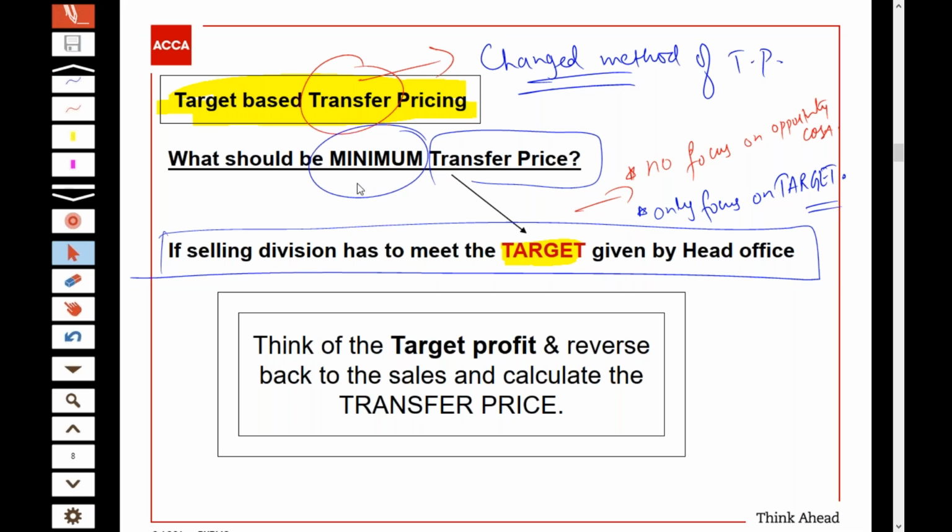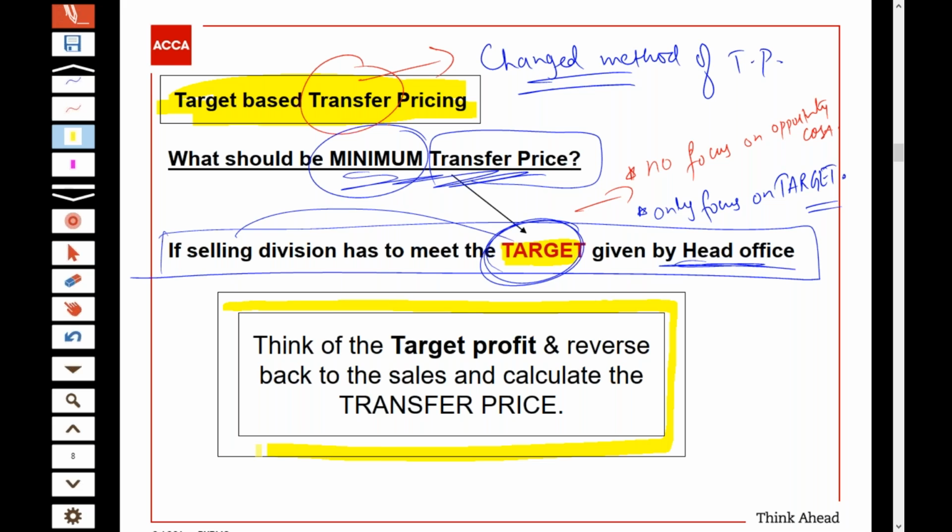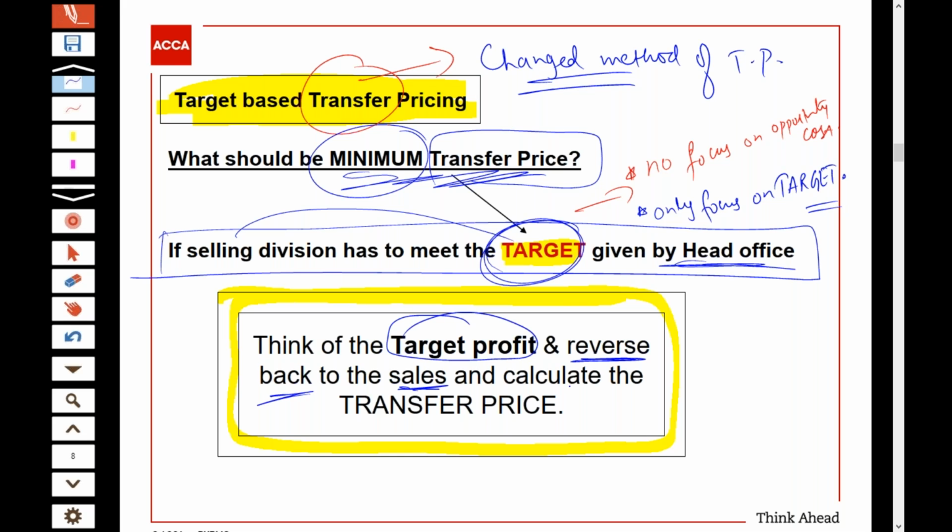What should be the minimum transfer price if the selling division has to meet the target given by the head office? Now this double box and yellow shaded box is a very important thing. Just think of the target profit and reverse back to the sales.